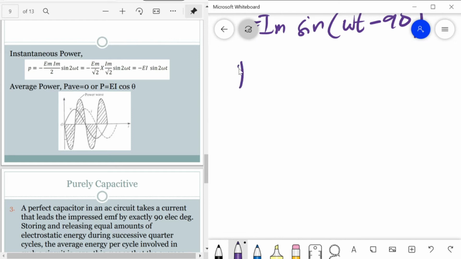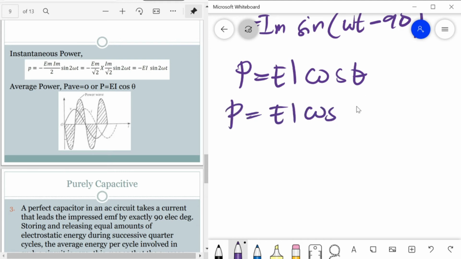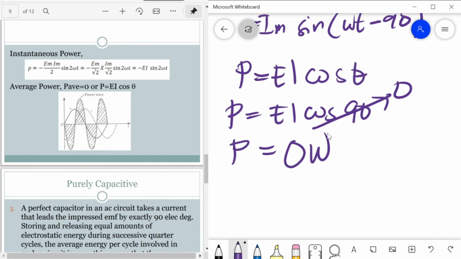From our general formula a while ago, P is equal to EI cosine theta. This theta here is equal to 90 degrees. So, P is equal to EI cosine 90, and cosine 90 is 0. Therefore, the power consumed in a purely inductive reactance is equal to 0 watts.